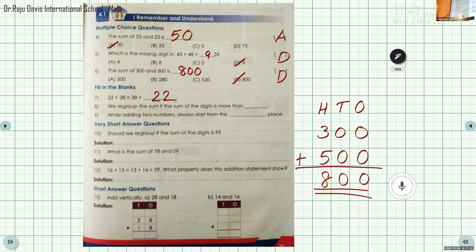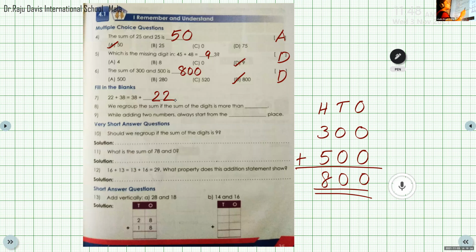Next, Buana, please read the 8th question. We regroup the sum if the sum of the digits is more than 9.